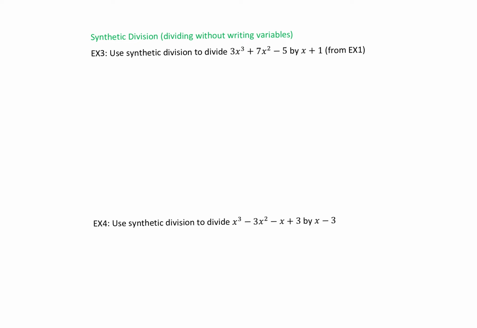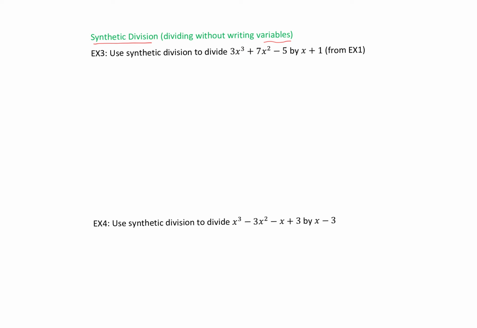That long division was a pain. And it was a pain because of the variables, because of the subtraction, because we had to figure out what we needed to multiply by. So now we're going to try a different method called synthetic division. In synthetic division, the idea is to get rid of the variables first, and then also change it from subtracting to adding.